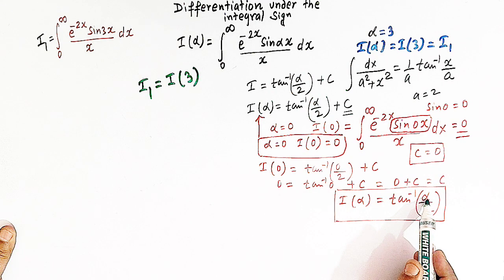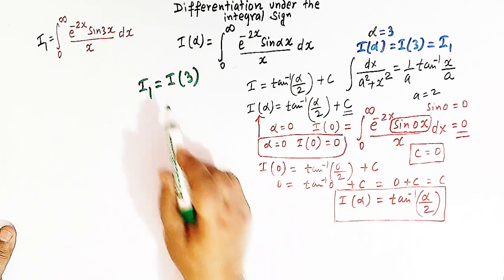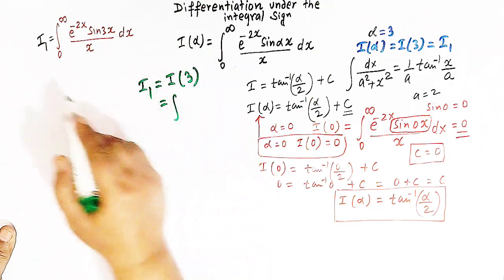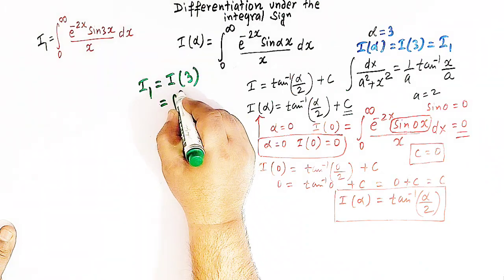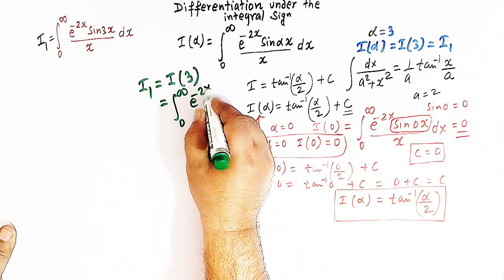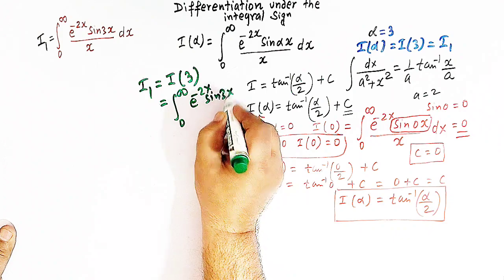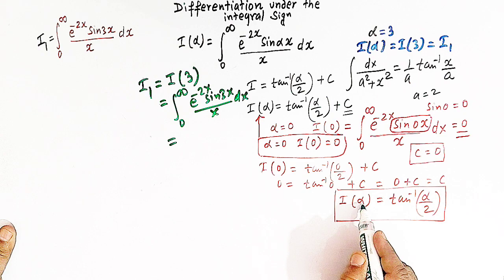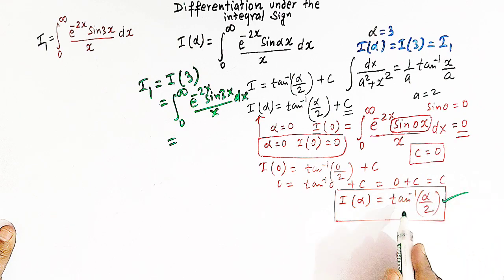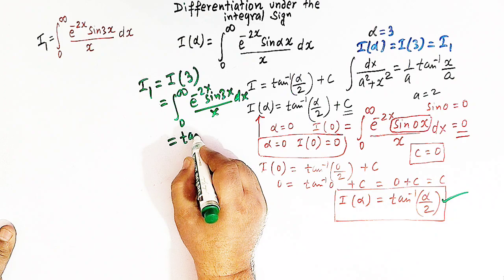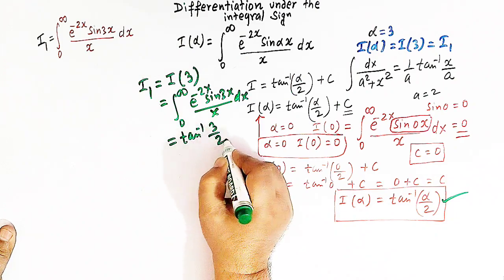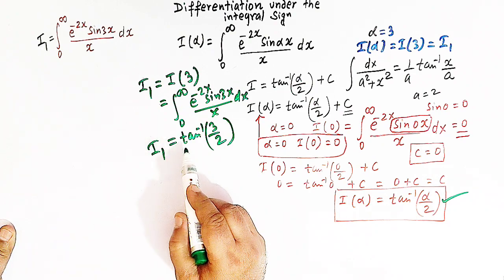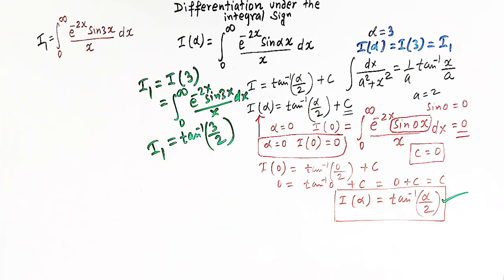So when we replace this alpha by 3, then we get I of 3, and I of 3 is our given integral, that is 0 to infinity e raised to minus 2x sine 3x over x dx, right? And I of 3 can also be obtained from this expression. So we have tan inverse 3 over 2, right? So the value of this integral I1 is given by tan inverse 3 over 2.